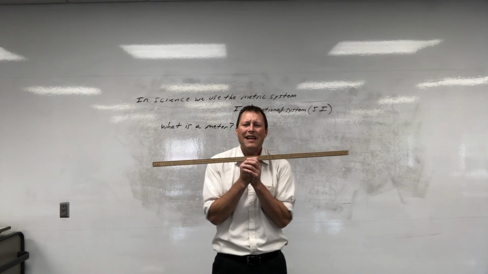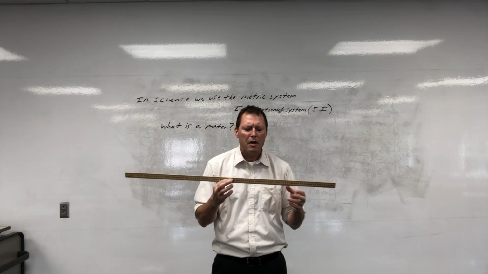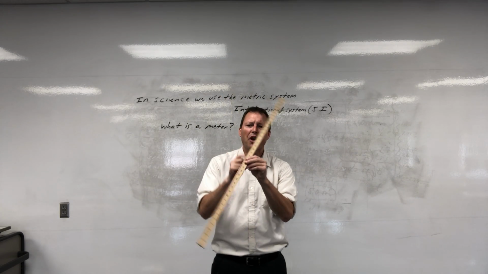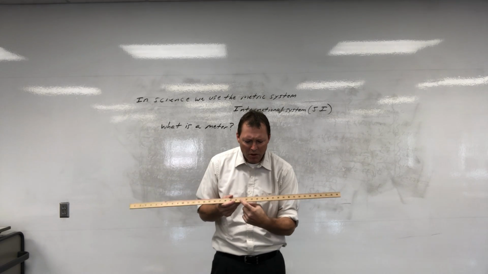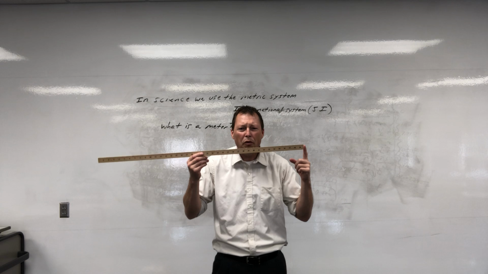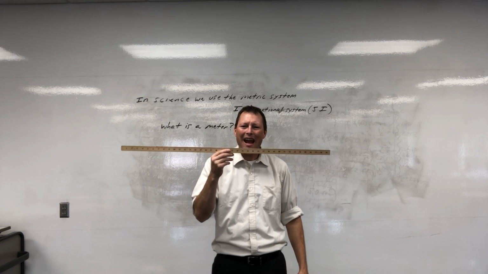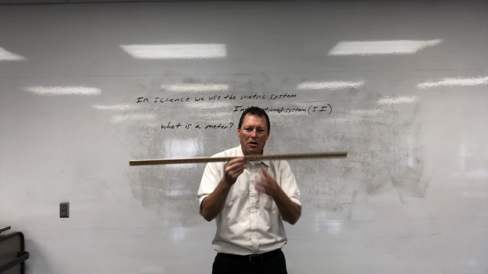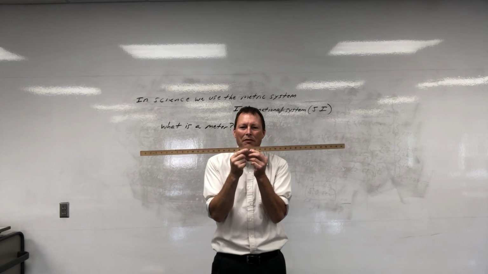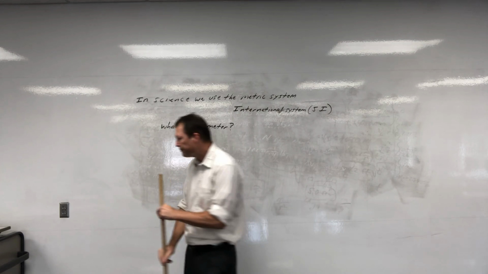So how many inches are in a yard? 36 inches. If I turn this meter stick over, because this side has inches on it, it goes up to a little over 39 and a half. So there's a little over 39 and a half inches in a meter. So a meter stick is definitely longer than a yardstick.